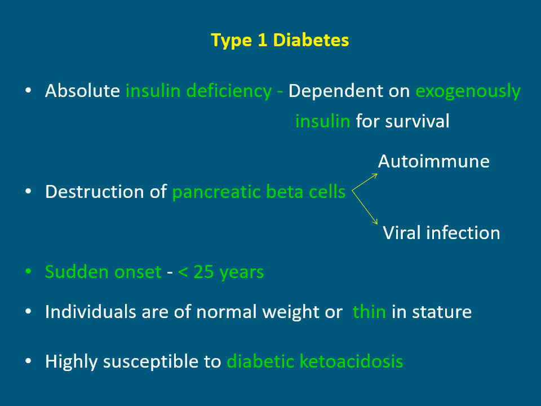Type 1 diabetes has a sudden onset. Patients are less than 25 years old. Individuals are of normal weight or thin in stature. They are highly susceptible to diabetic ketoacidosis.